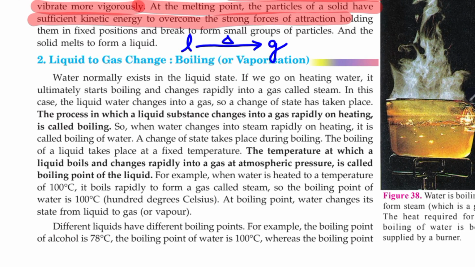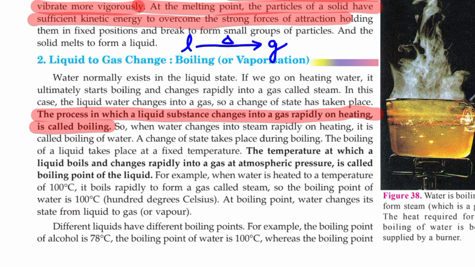And this process is known as boiling, or I can say vaporization. So the process in which a liquid substance changes into its gaseous form on heating is known as boiling or vaporization.